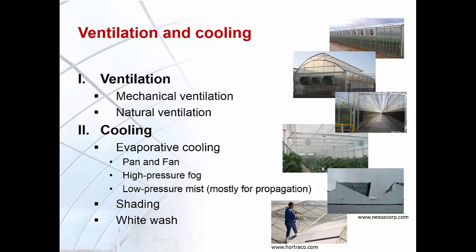Efforts in advancing such covering materials are in constant progress, and films with such properties are commercially available. So depending on the climate, region, production system, and cost, one or several of these methods are selected for greenhouse ventilation and cooling.